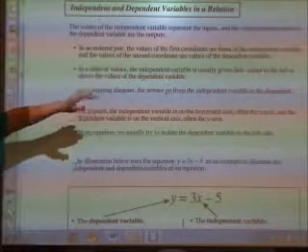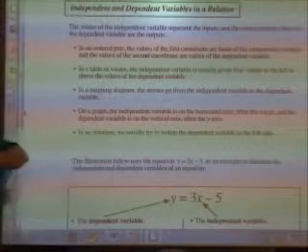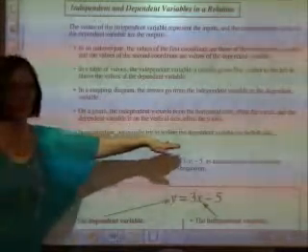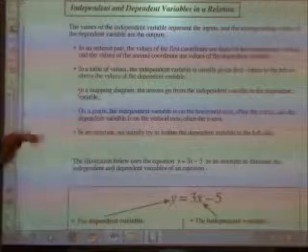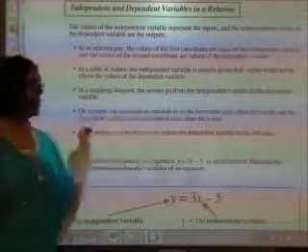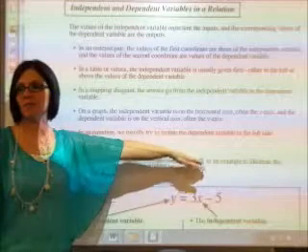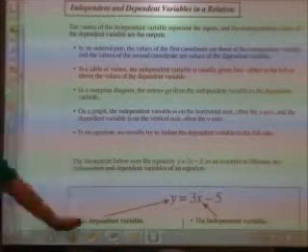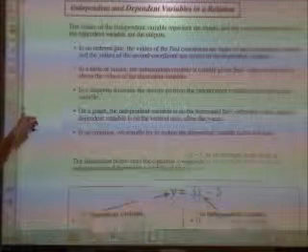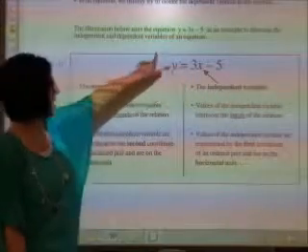In my table of values, it's the second column, or if it's a horizontal table, it's usually the bottom row. In a mapping diagram, the arrow points to the dependent variable. It's that second bubble. In a graph, the dependent variable is my vertical axis. And in an equation, it's what I've isolated.